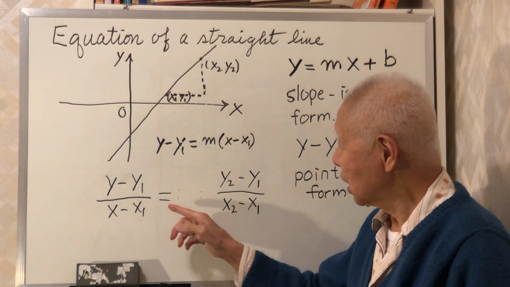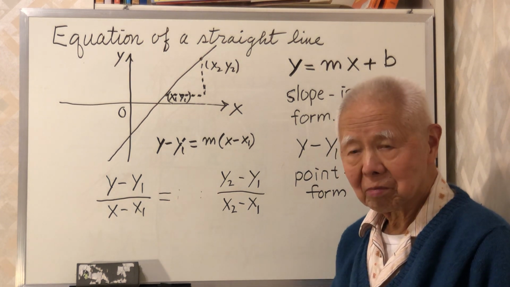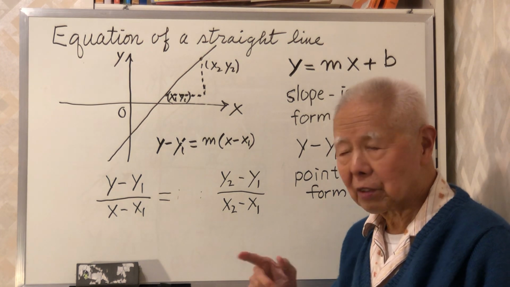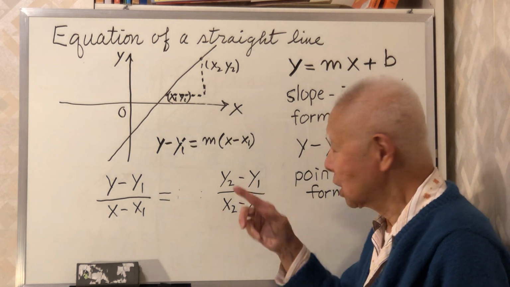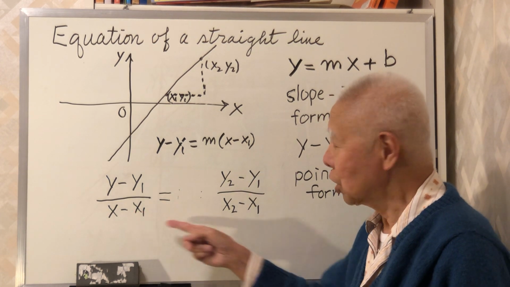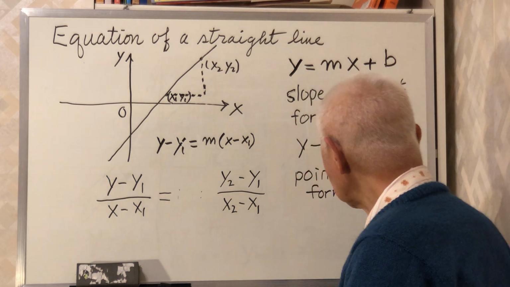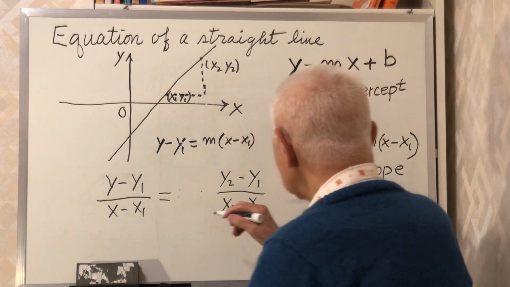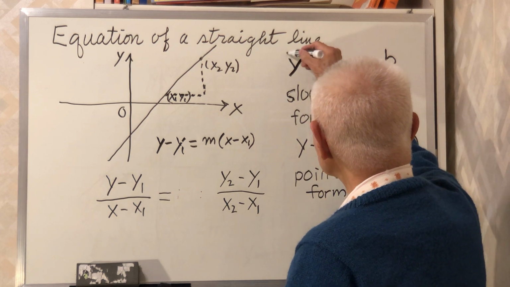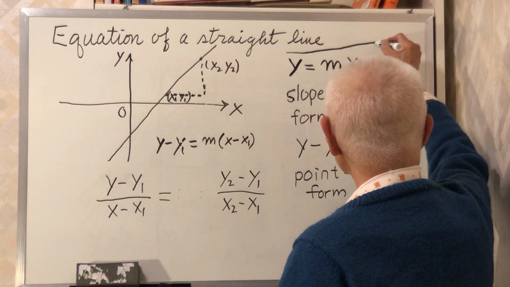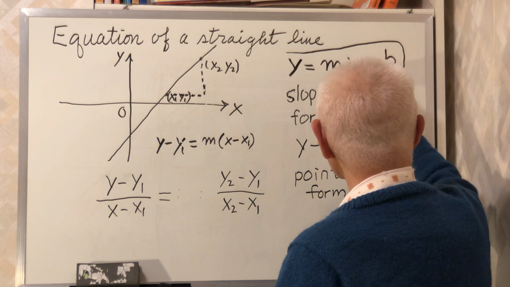I am given x1, y1, and I am also given x2, y2, 2 points. This is how you write the equation of the straight line. So I have one way of writing the equation of the straight line.